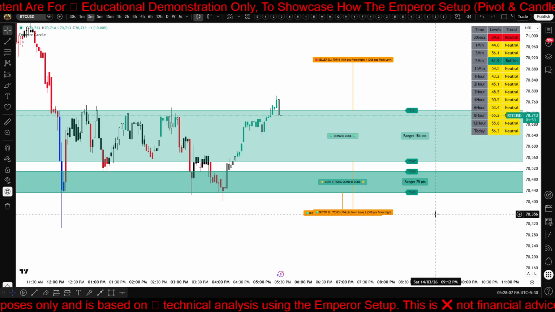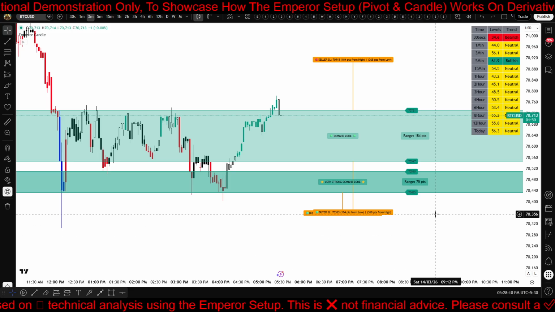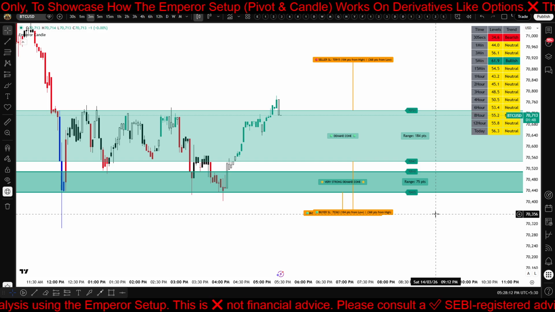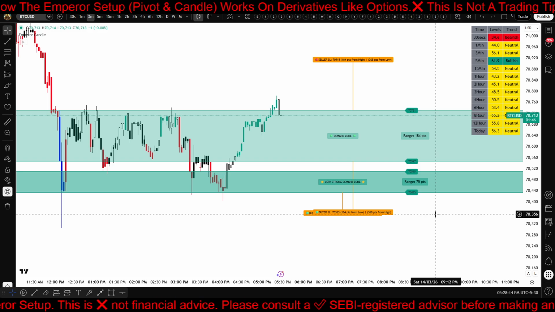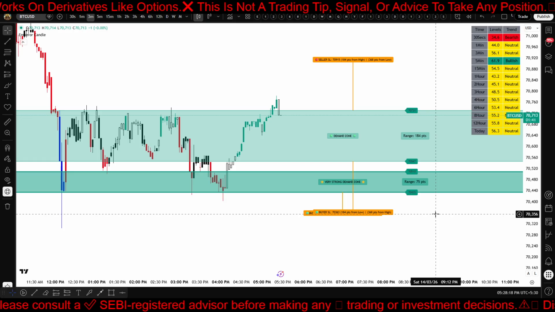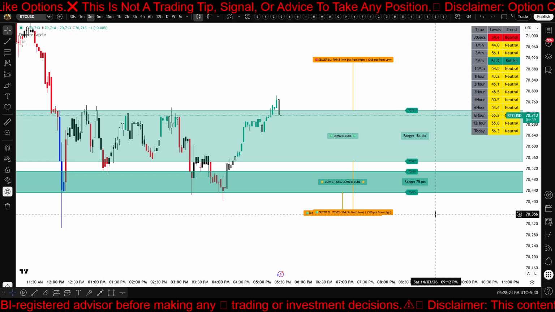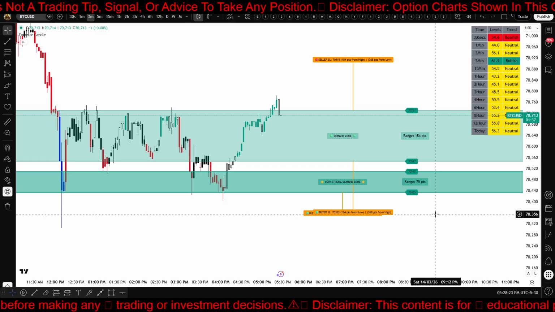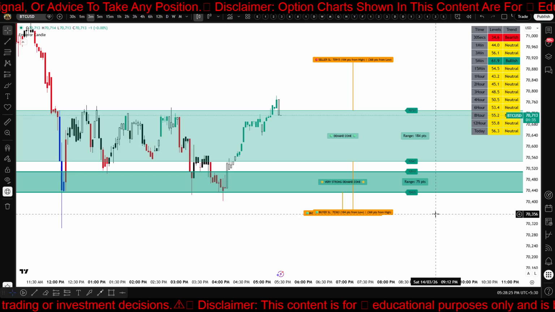The Emperor Candle indicator is not just another indicator, it is a complete trading framework. It combines market structure, zones, candle behavior, and multi time frame analysis, all inside one powerful system. And that is why it makes trading simple, clearer, and more structured.